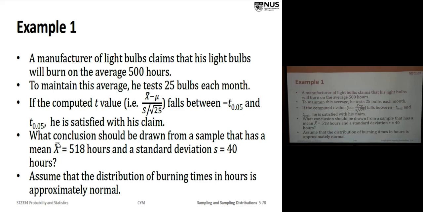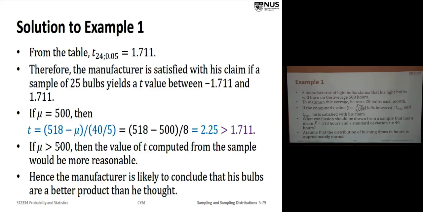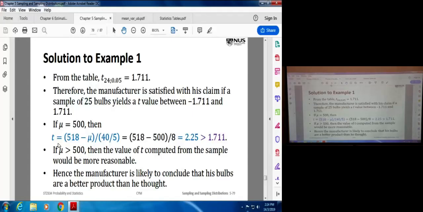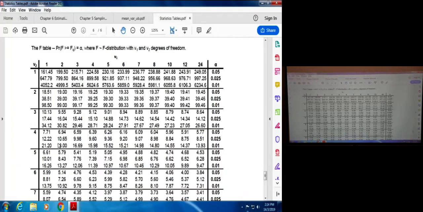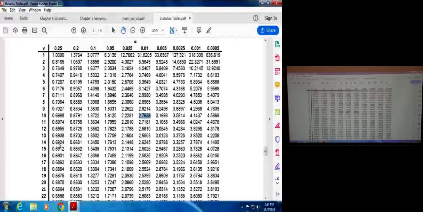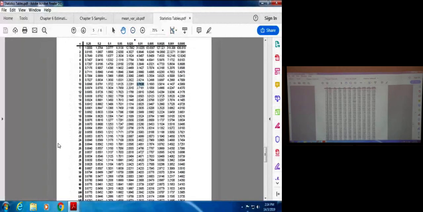Now we need to define those values of little t which give a probability of 0.05 to the left and right respectively. We have our table, so we can have a look. With 24 degrees of freedom, it's not very easy to read, but this should be 1.71.